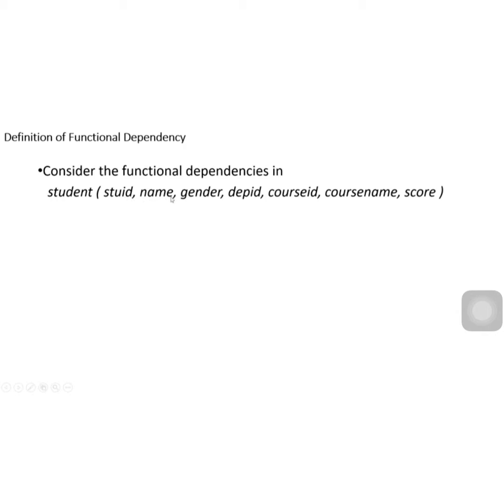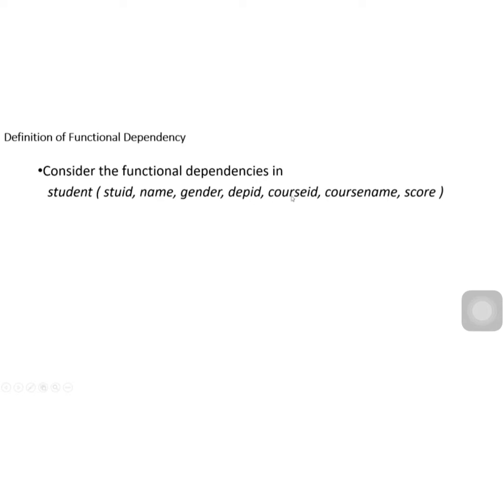Name is the name of the student, gender of the student, department ID is the ID of the department where the student will study in, course ID is the ID of the course the student is studying, and course name is the name of the course. Score is the score the student gets in this course.